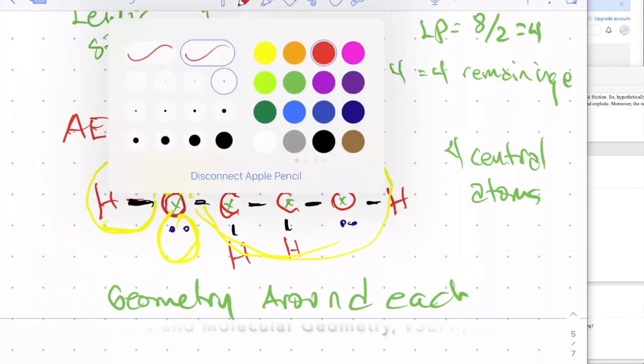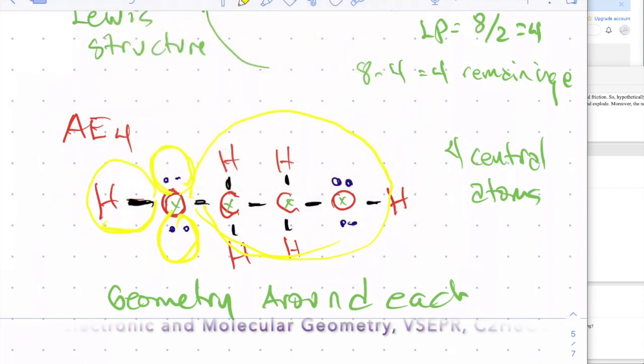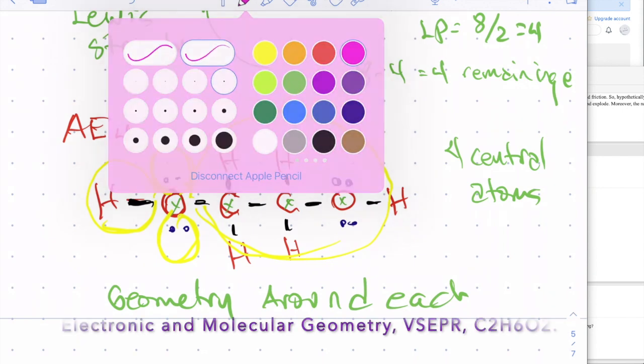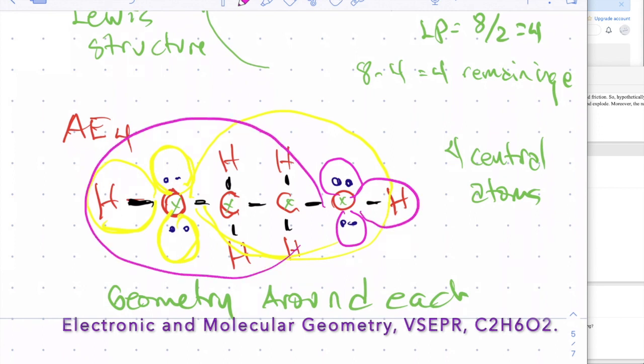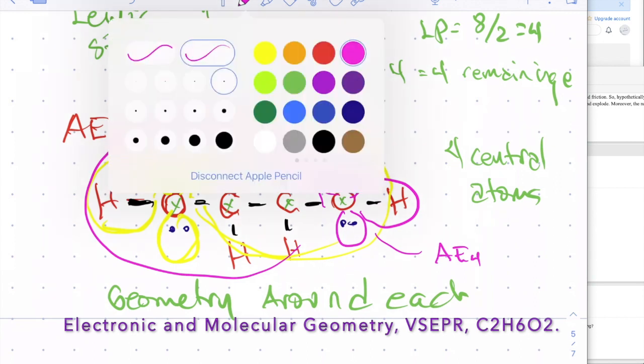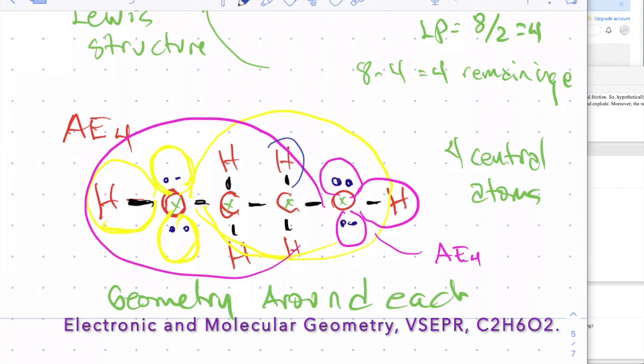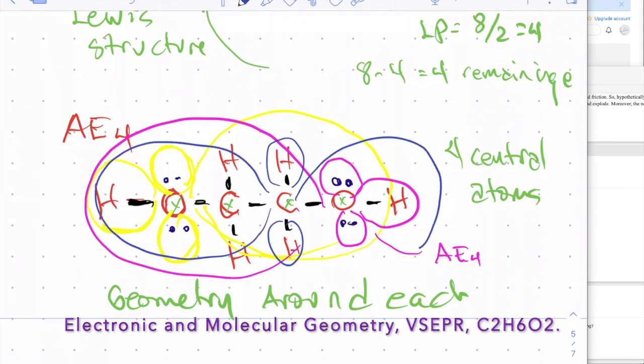Likewise, this oxygen over here will also be designated 1, 2, 3, 4. So this oxygen is also AE4, 4 regions of electron density around it. This carbon right here has 1, 2, 3, 4.